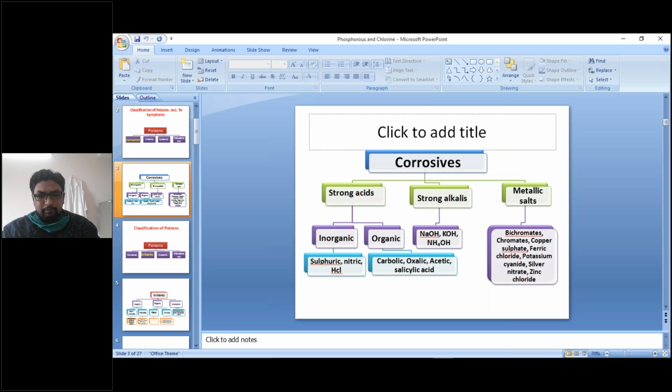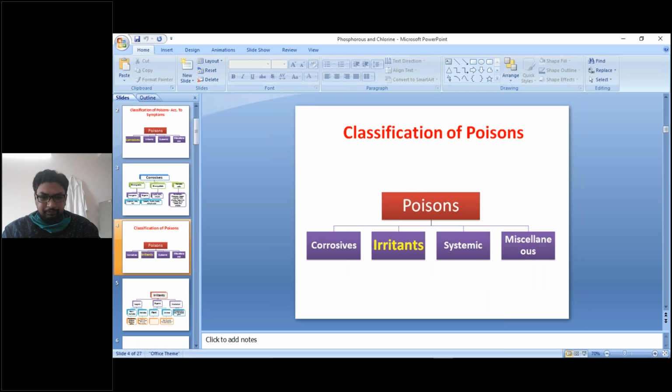In organic poisons, we have carbolic acid, acetic acid, oxalic acid, and salicylic acid. Strong alkalis, we have three examples: sodium hydroxide, potassium hydroxide, and ammonium hydroxide. And metallic salts, we have so many, chromates and bromates.